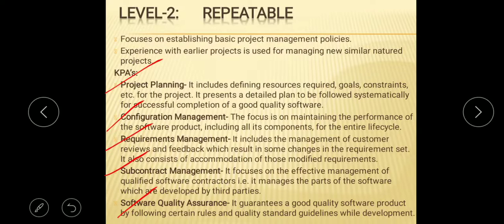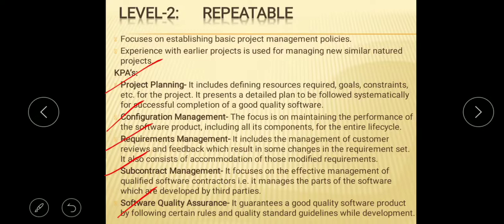Next one is requirements management. It includes the management of customer reviews and feedback, which result in some changes in the requirement set. It also consists of accommodation of those modified requirements. Next one is subcontract management.